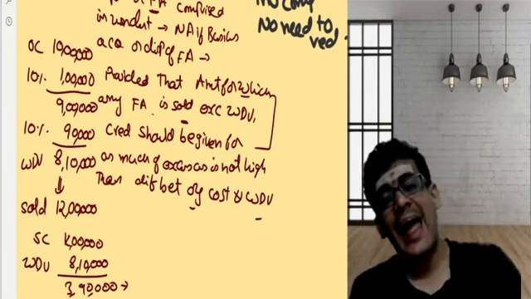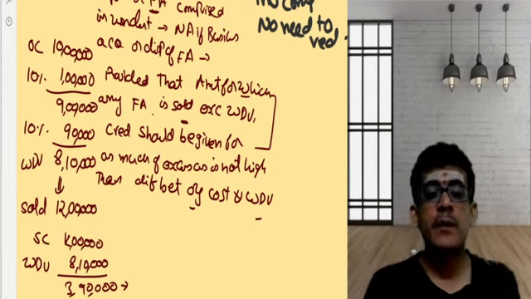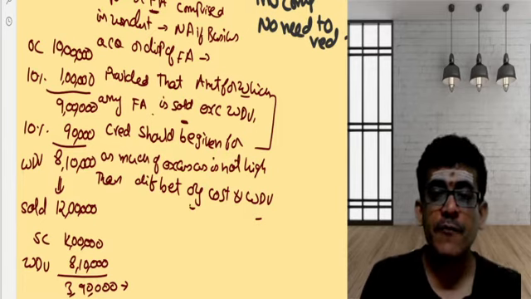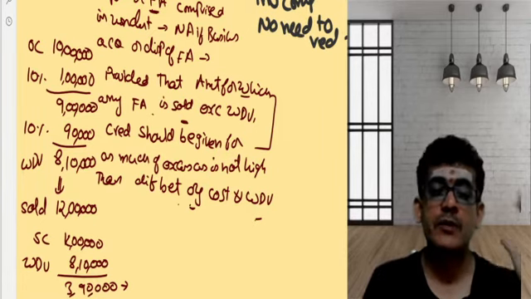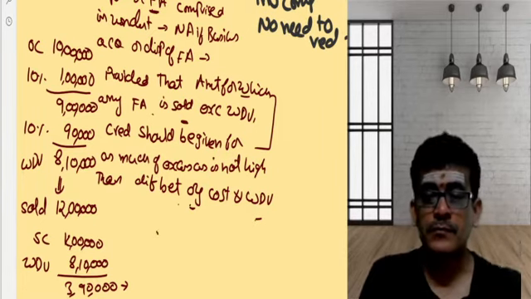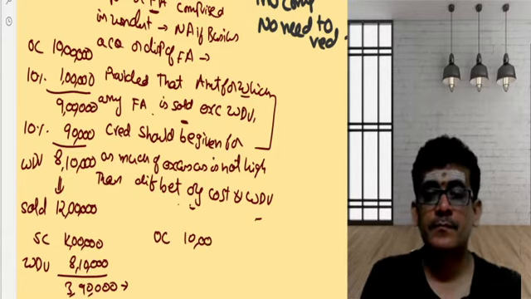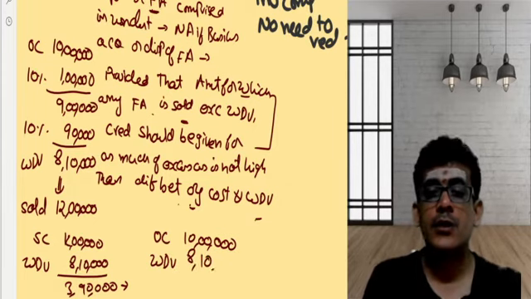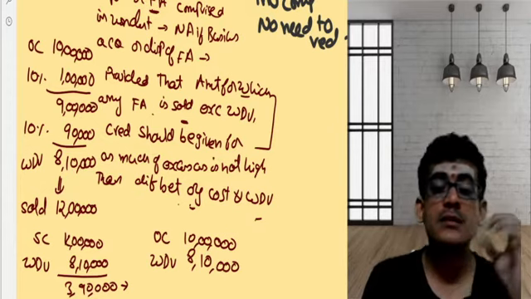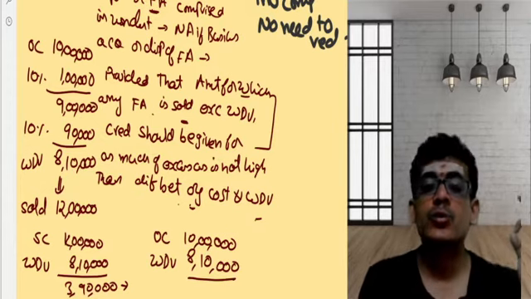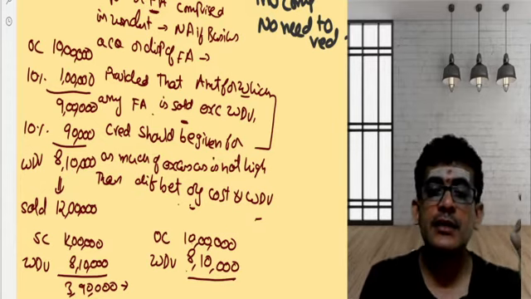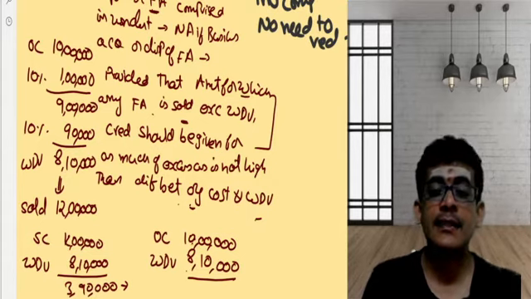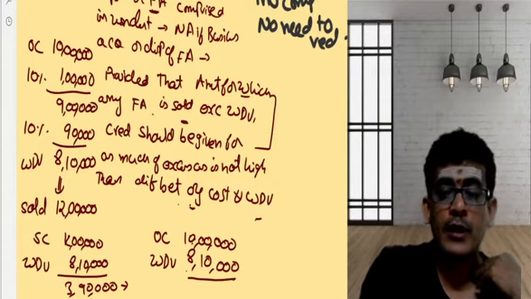He says I can consider only as much as the difference between original cost and WDV. Original cost is 10 lakhs and WDV is 8,10,000. So the section clearly tells you that you can consider the difference of 10 lakhs and 8,10,000, which will give you what?